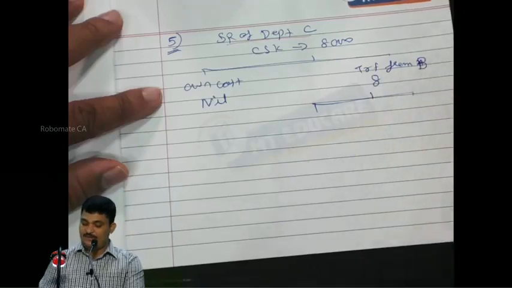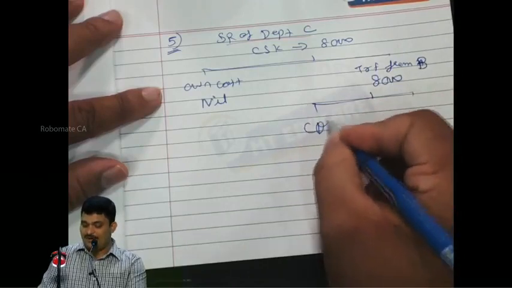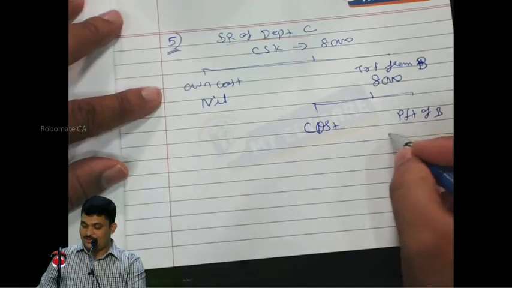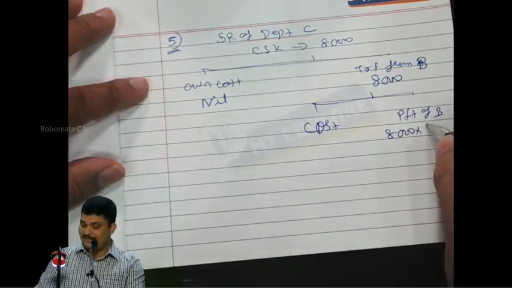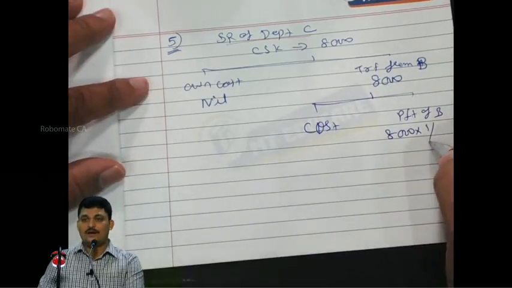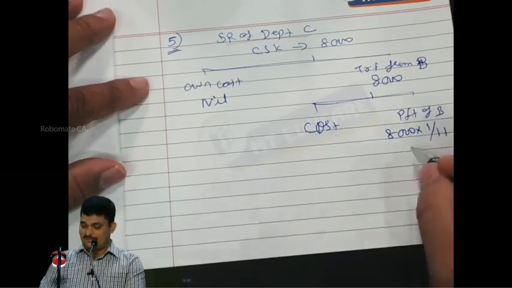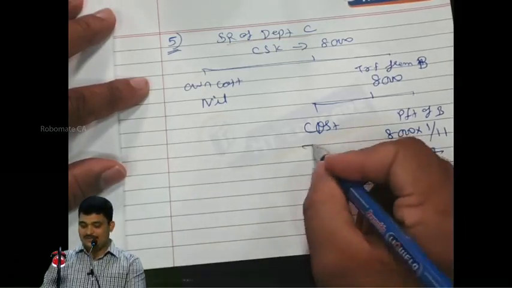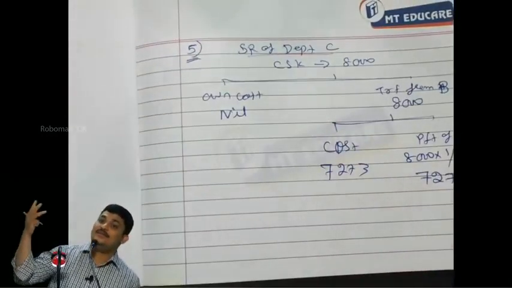From B, 8,000. Correct? Which is cost and profit. Which is 8,000 into 1 by 11, 727. So we got another 3 marks.